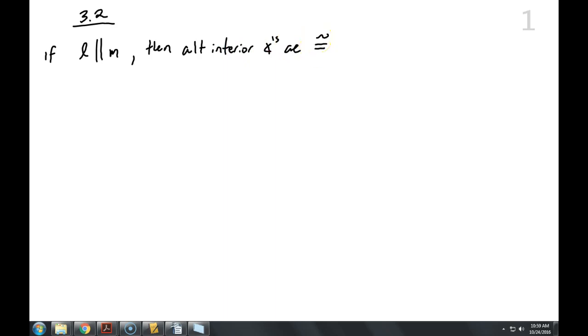That was one of our theorems. So, you have the conditional part. As long as two lines are parallel, then we can be sure that alternate interior angles are congruent.